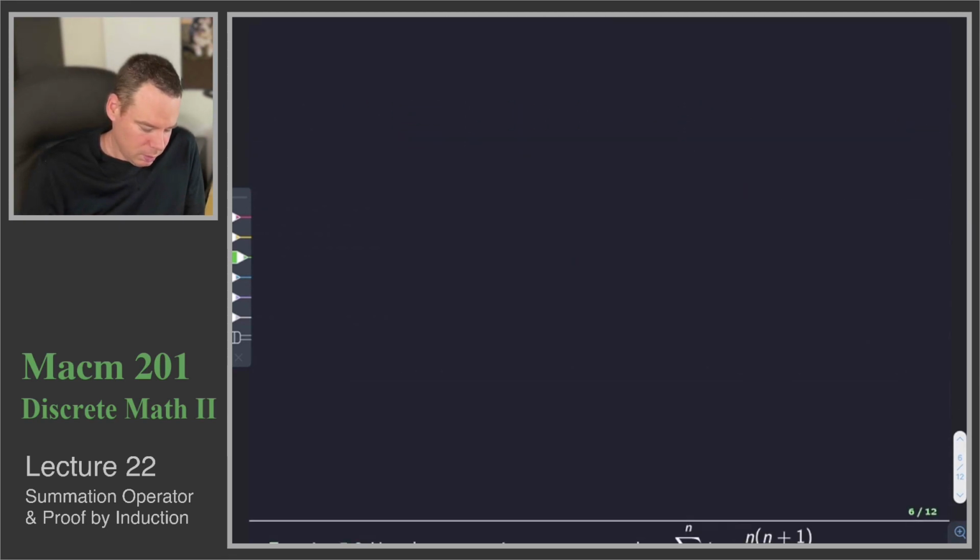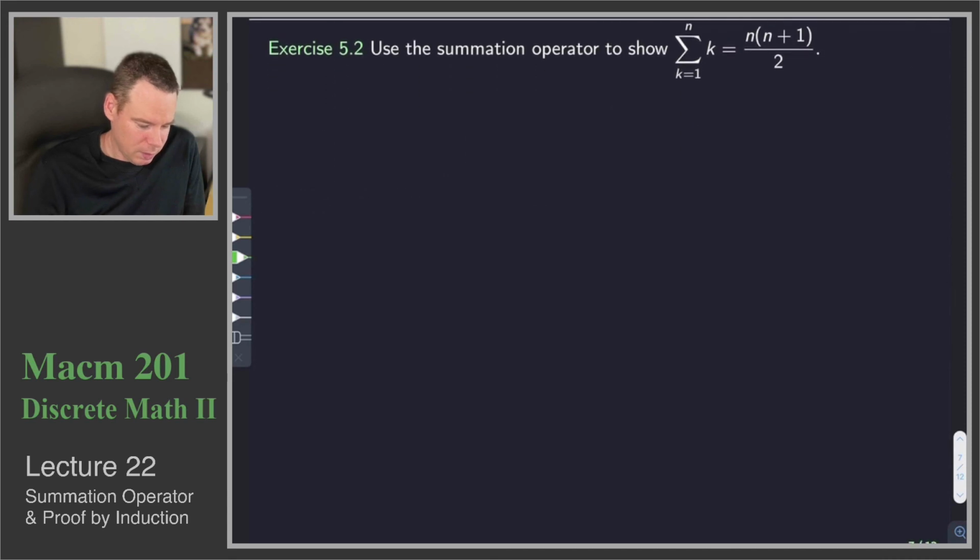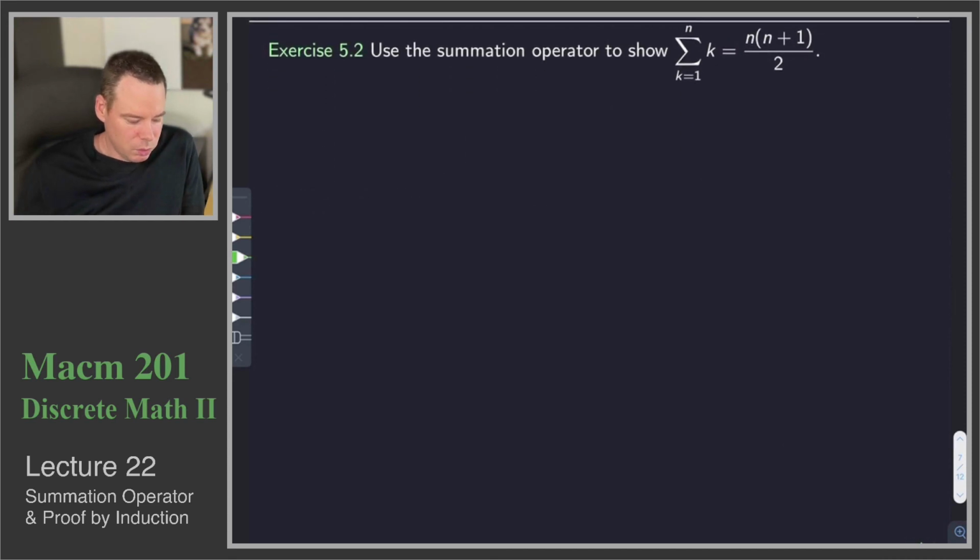Let's have a look at the next exercise. So you're asked to use the summation operator to show that the sum of consecutive integers is n times n plus 1 over 2. So this is, instead of doing what we've just done, sum of consecutive squares, you want to now do the sum of consecutive integers.